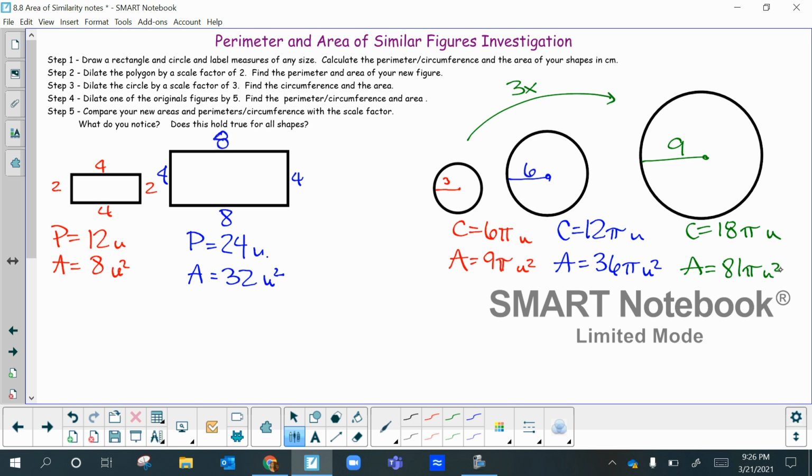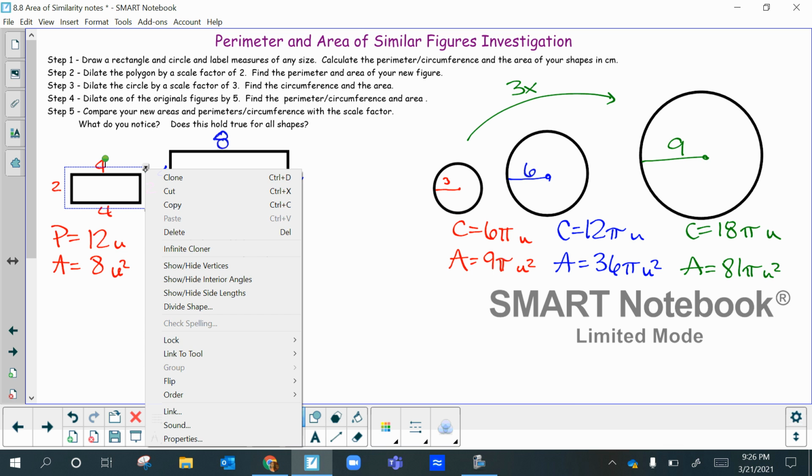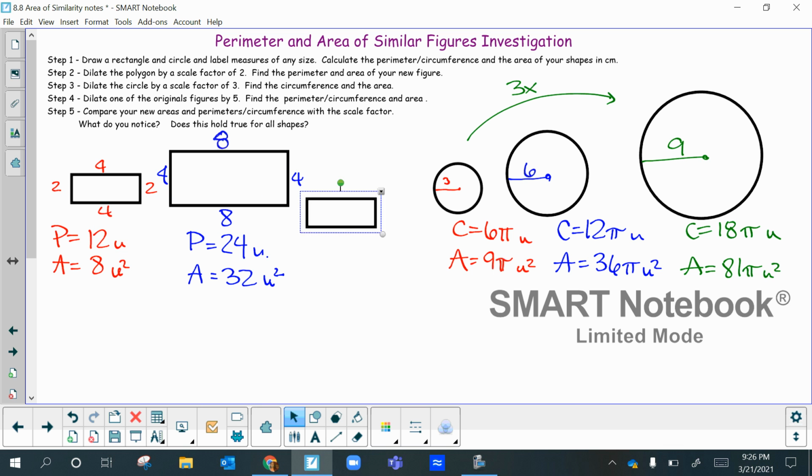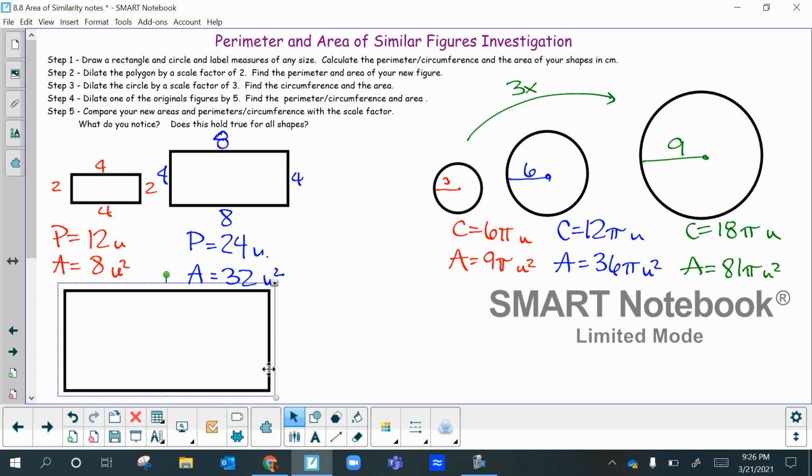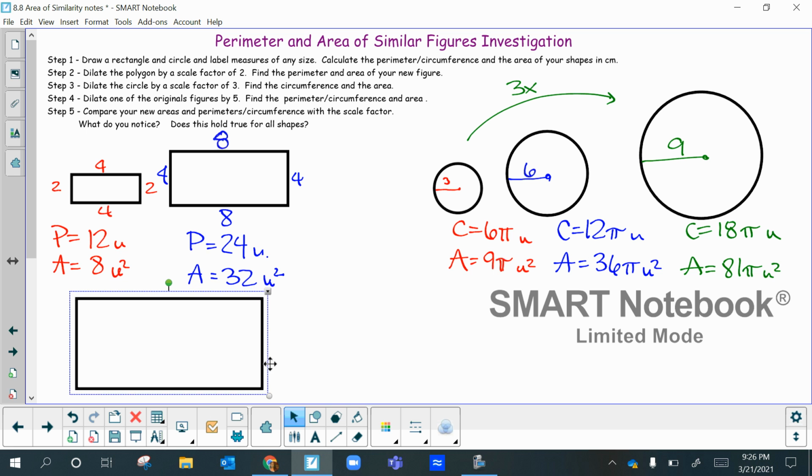Let's go back and do the rectangle, and this time let's make it 5 times bigger. So I'm not going to make it really 5 times bigger. I'm just going to draw a bigger rectangle, and maybe not even that big, and I'm going to label it.